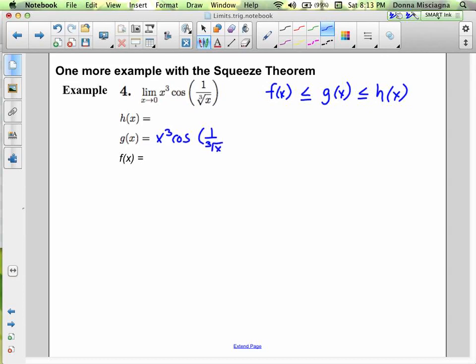We cannot find that limit. X cubed goes to 0, and now you've got 0 in the denominator. You can't take cosine of something that's undefined. All right? And it does not exist. It's just that in the format it's written in, we cannot find the limit directly by substitution. Substitution does not always work.